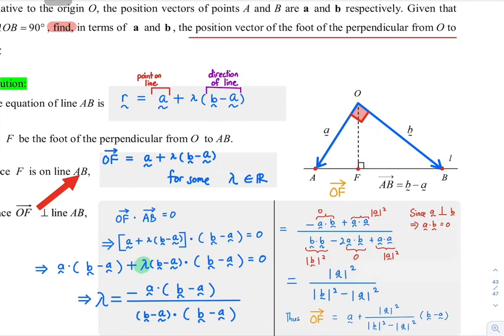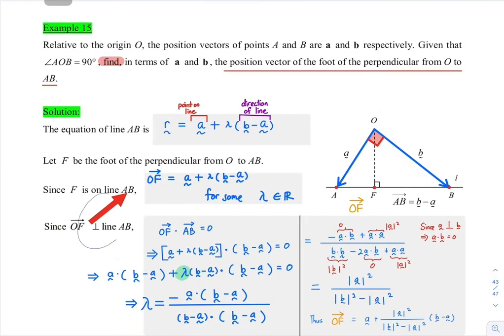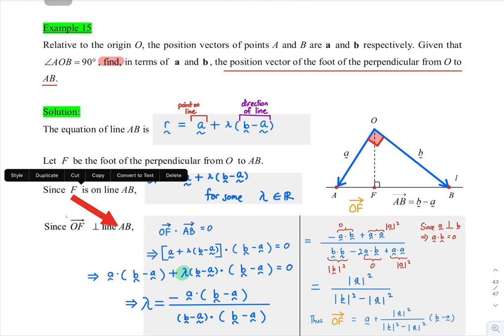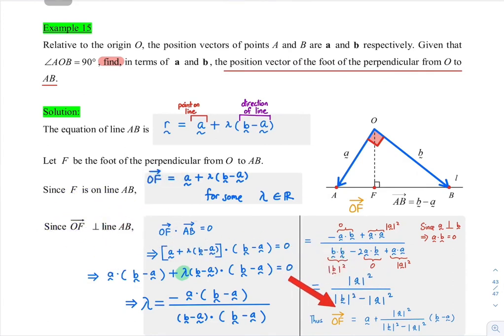That's done and we have answered the question. We have found the position vector of the point F after finding what lambda is. The position vector of the point F is basically you take this value of lambda and put it inside here. So that's it for this question.